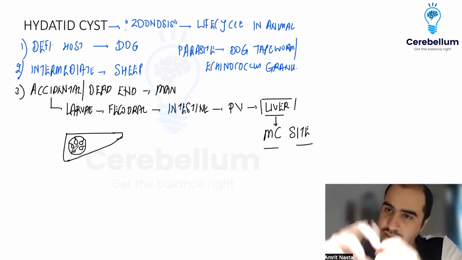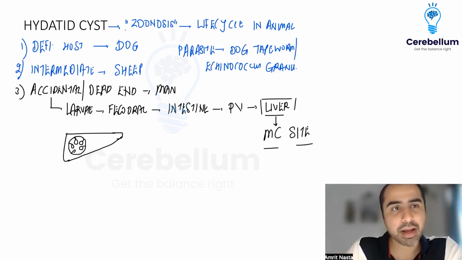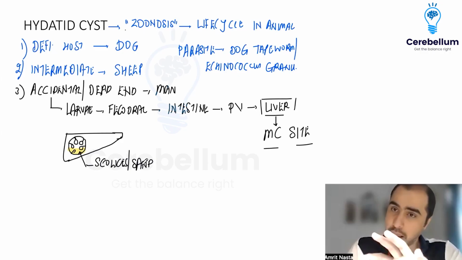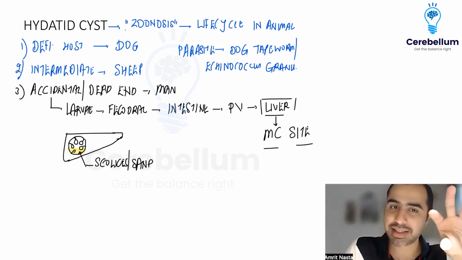So cyst within cyst, it will start becoming multicystic, and it will have some liquid inside. Because it's a cyst, it has to have some liquid. That liquid will contain the scolices, which is also called the hydatid sand. So like this, you will get one or maybe two big hydatid cysts in the liver.